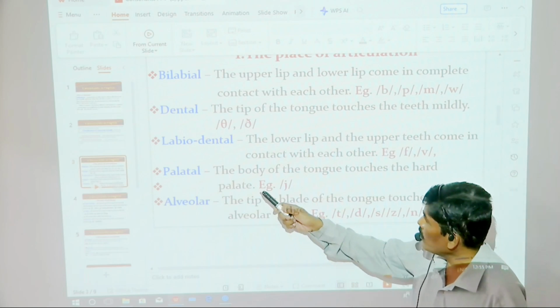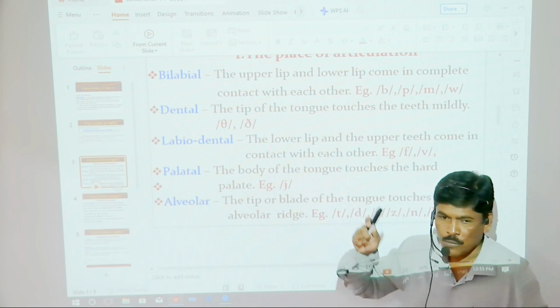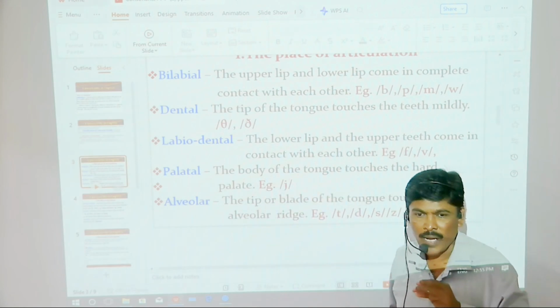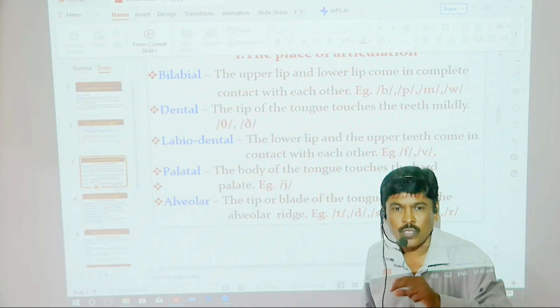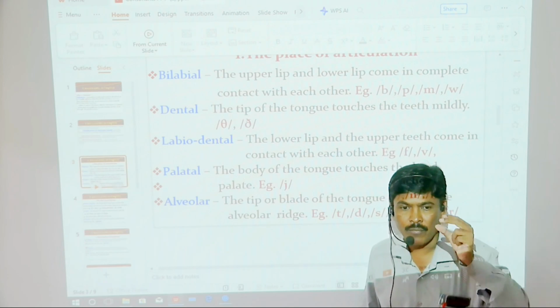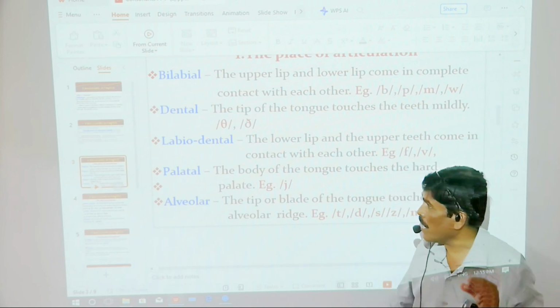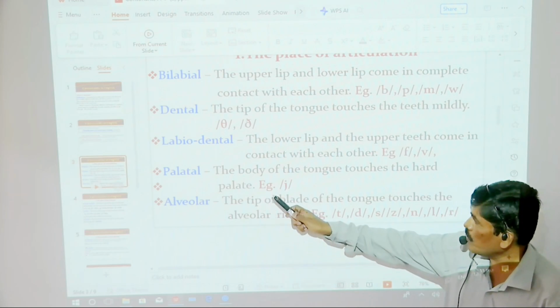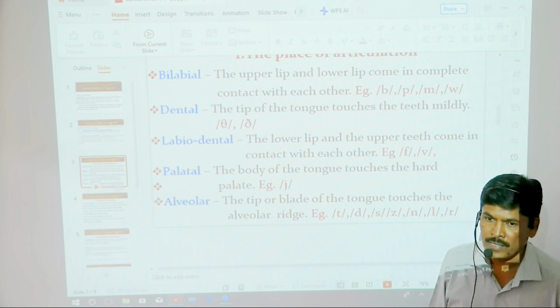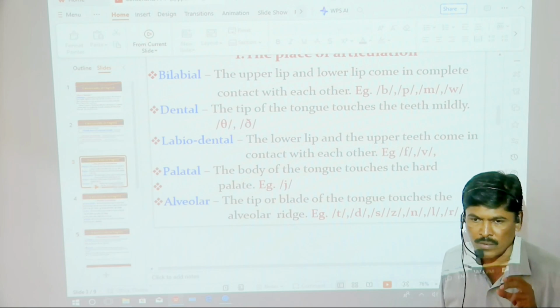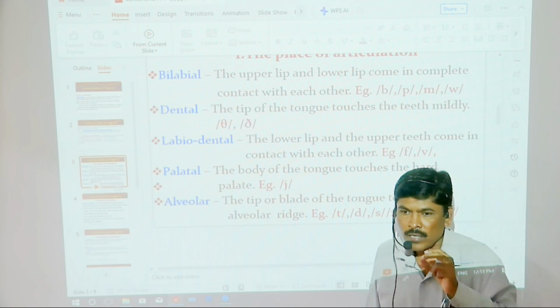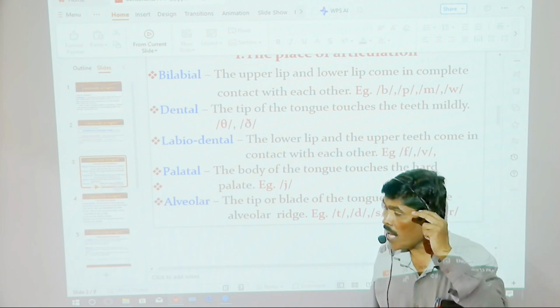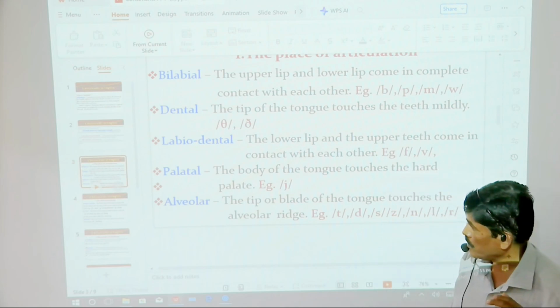The sound produced by touching the tongue to the hard palate is called palatal. For example, ya. See the process, the articulation system. Ya, the tongue touches the hard palate of the mouth cavity.